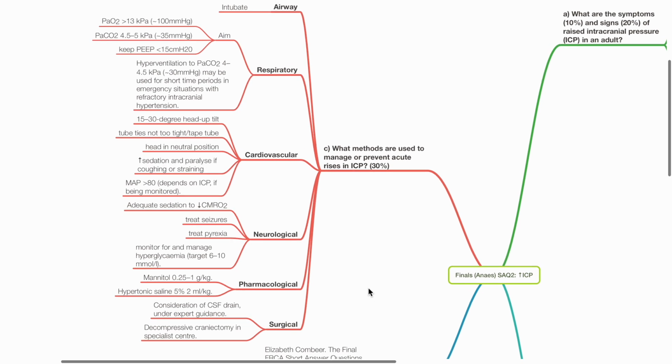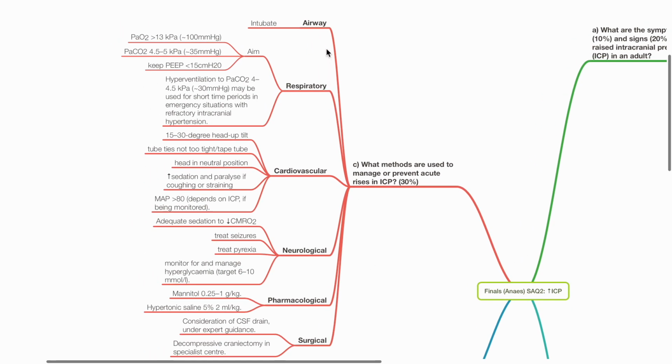C. What are the methods used to manage or prevent acute rises in ICP? 30 marks. A. Airway. Intubate the patient. B. Respiratory. Aim for PaO2 more than 100 mmHg, PaCO2 of about 35 mmHg, and keeping PEEP less than 15 cmH2O.